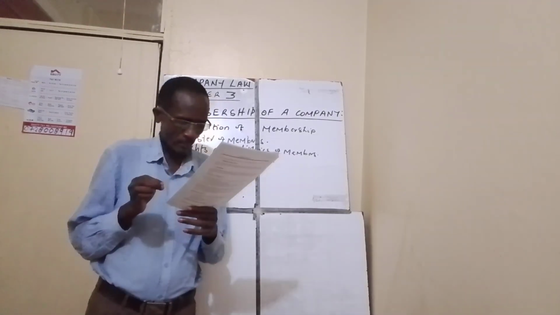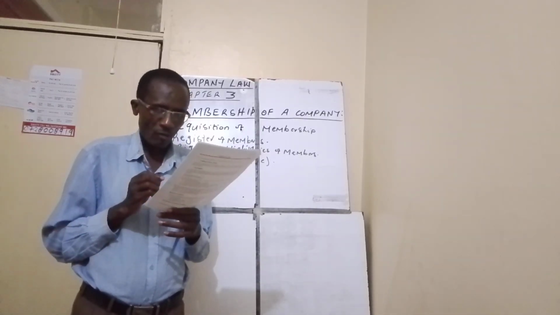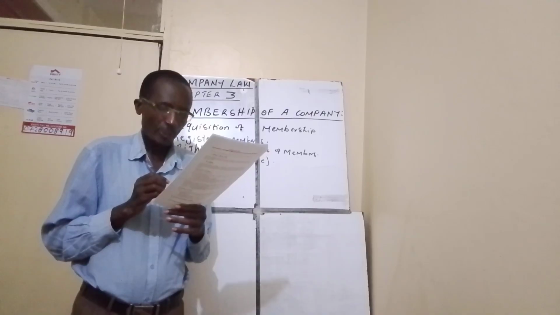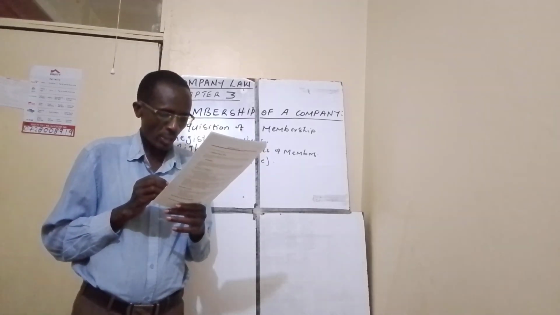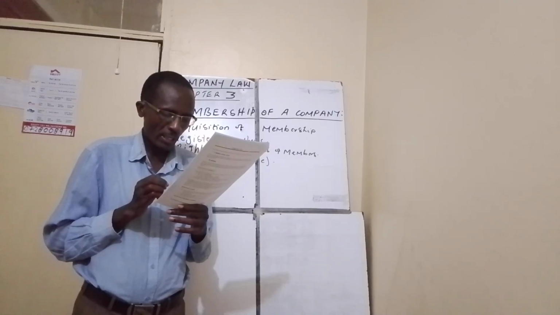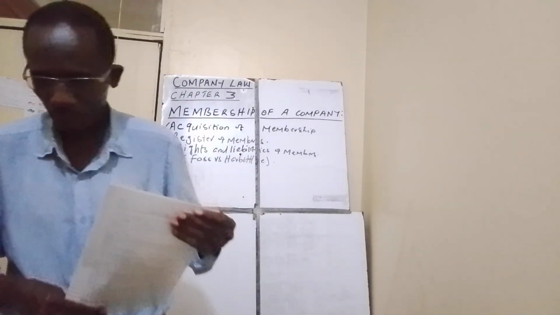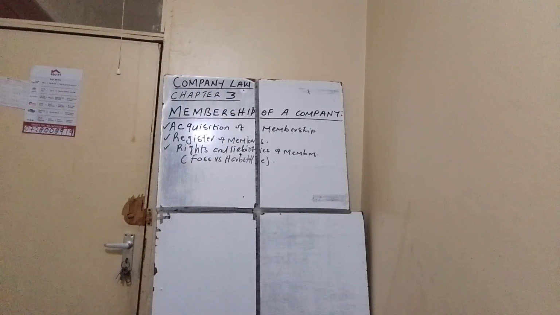If violated, no single member has a personal action. However, a representative action is available to remedy the wrong, and the company is made one of the defendants in the case. This case, Foss versus Harbottle, explains this.